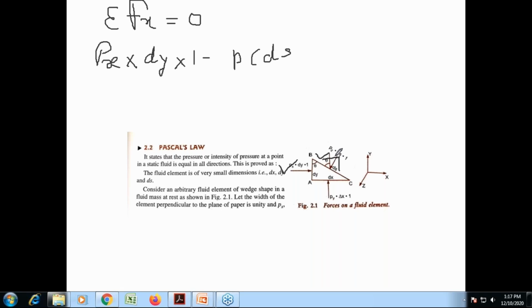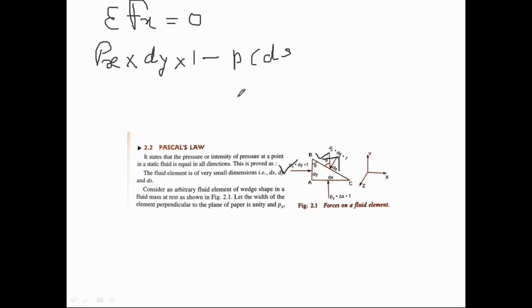Force in negative x direction, and I write it here with a minus sign: P, the intensity of pressure, into ds into 1 into sin(90 minus theta), that is equal to 0.